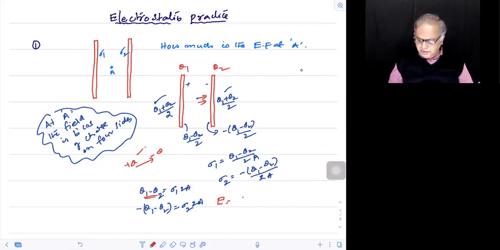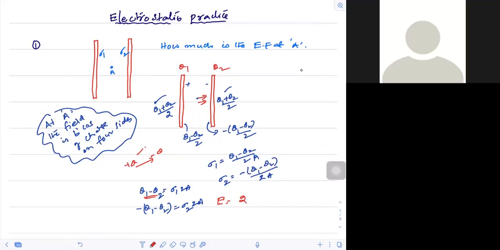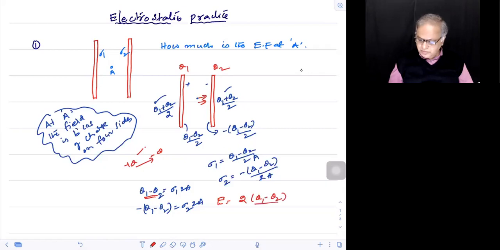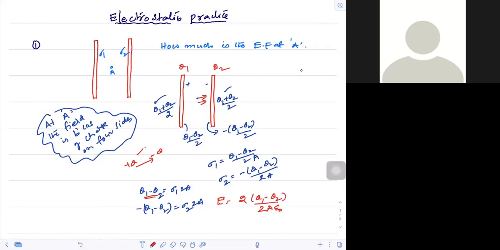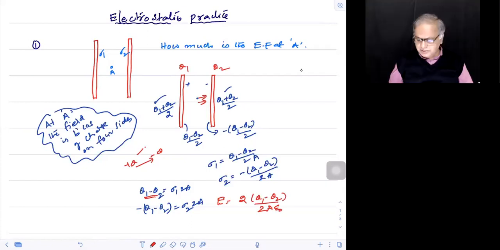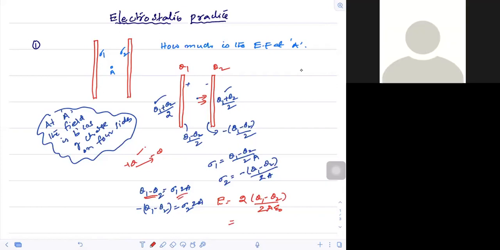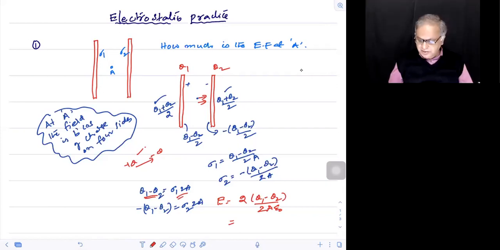Okay. 2 into, tell me. Q1 minus Q2 by 2 into A epsilon 0. So 2 got cancelled. Shall I remove or keep it there? Doesn't matter. Now what is Q1 minus Q2? Sigma 1 into 2A. Right? Yes.